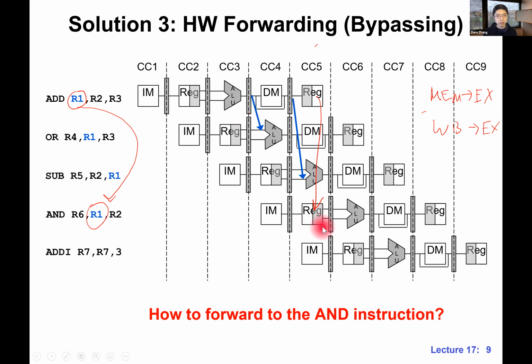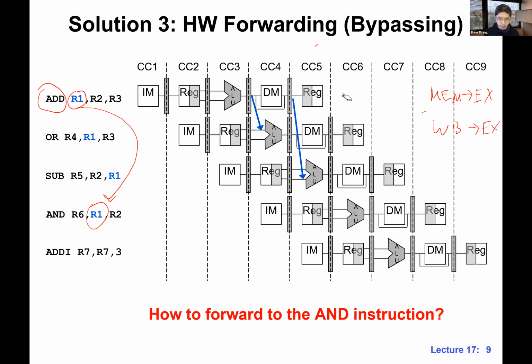So that's where we are reading the old R1. Is it clear now? So that's why this is not good. And also, ideally, we really want to forward from here to here at CC6 to resolve the data hazard for the add. But the problem is that this addition has already retired from the pipeline. There's no way that we can forward.